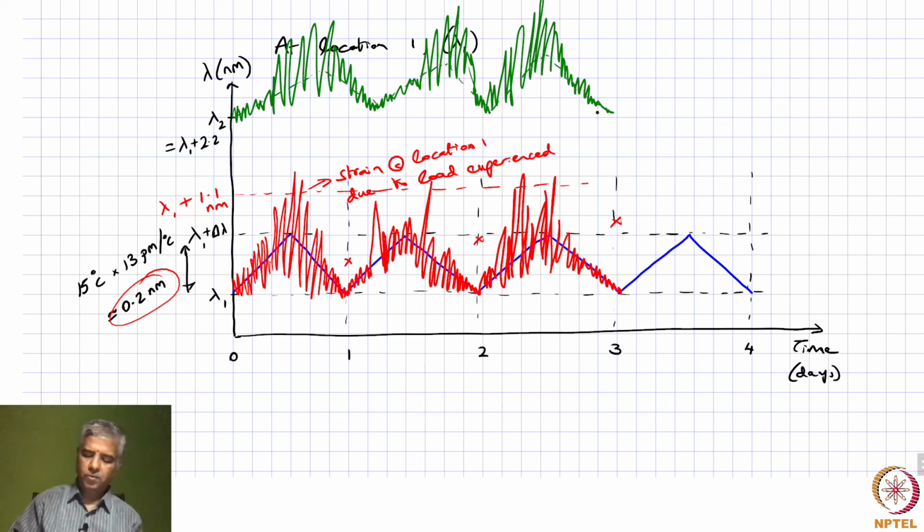So in this sort of scenario, there is no differential in the temperature across a bridge. There may be some momentary changes in temperature, but over a period of 24 hours there is hardly any change in temperature. So in that scenario, you don't necessarily need to compensate for this 0.2 nanometers.